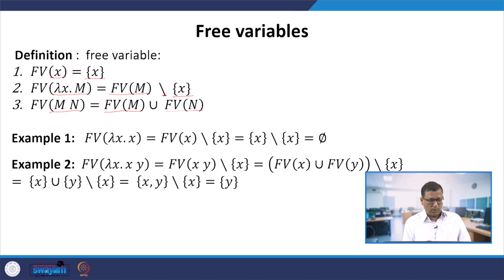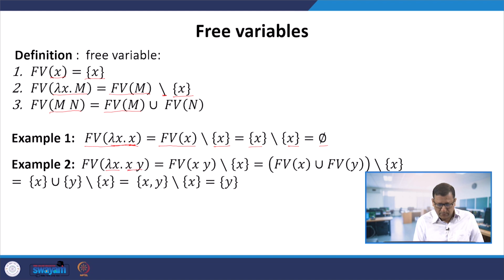Now let us work out the examples that we have discussed informally. Free variable of lambda x dot x. Here x is the body, so it will be free variable of x excluding x. That is, free variable of x is x, set difference x is empty. So there is no free variable in this example, lambda x dot x. Now free variable of lambda x dot xy.